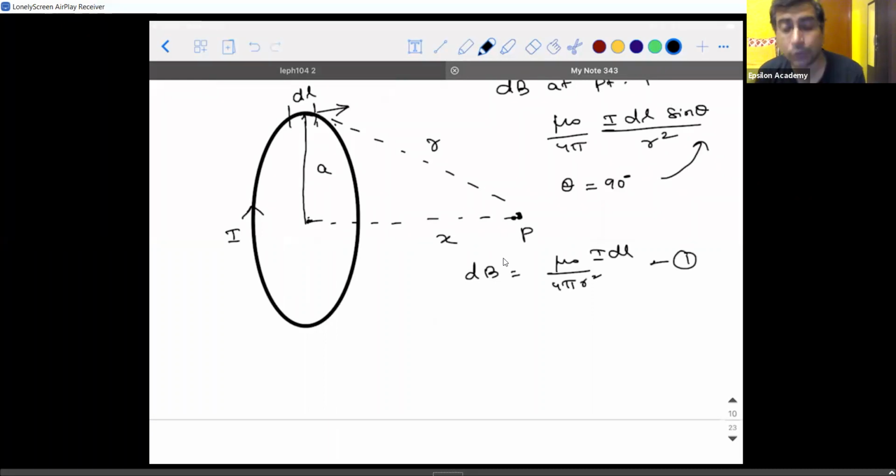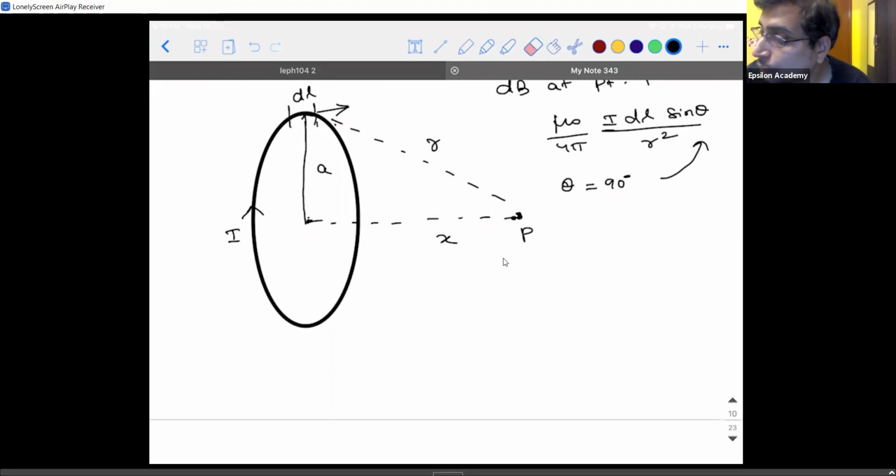Now there is another important question we need to answer. What is the direction of this dB? What is the direction of dB?